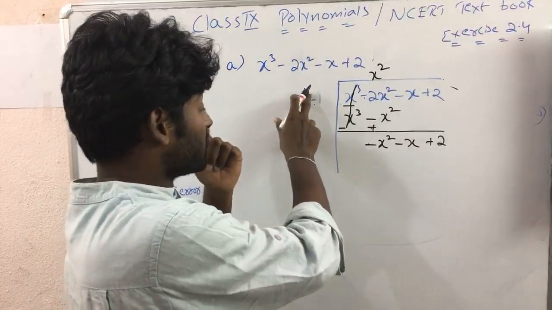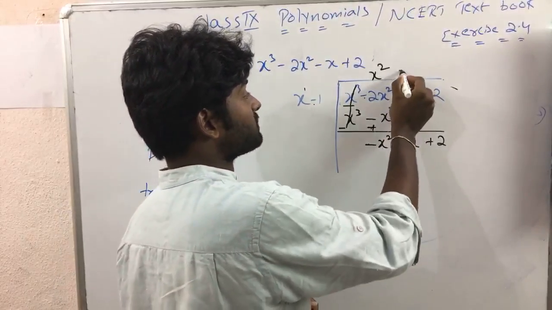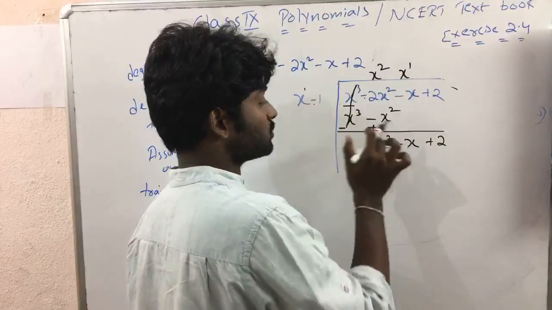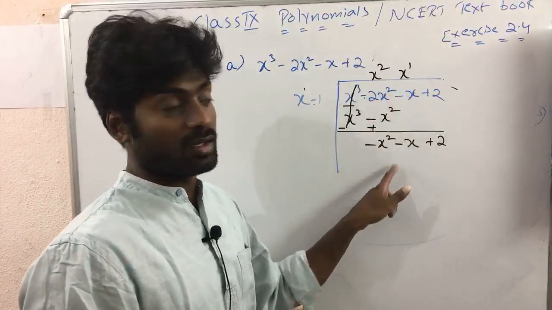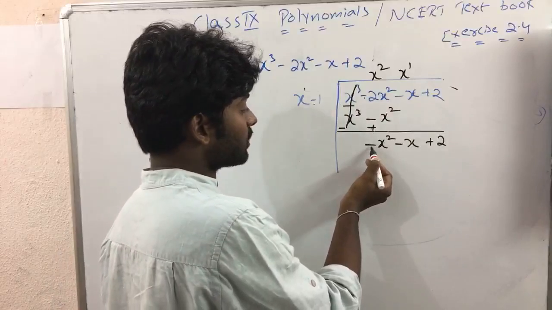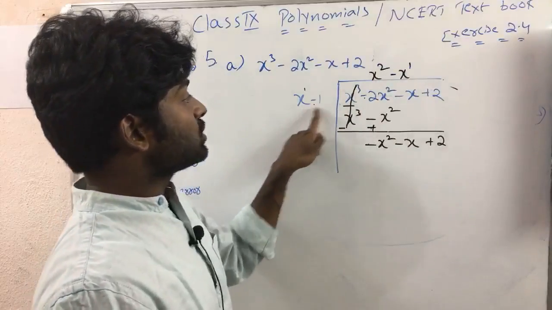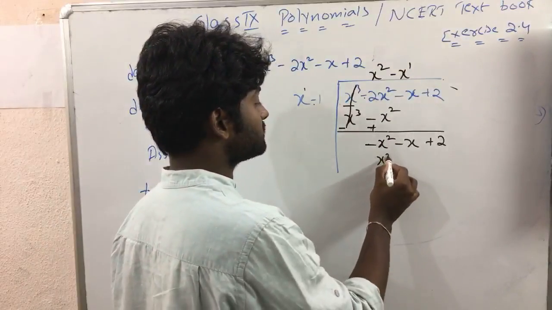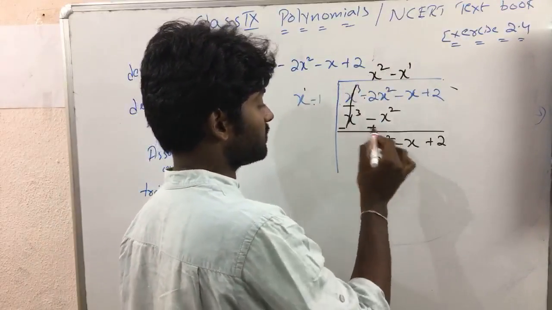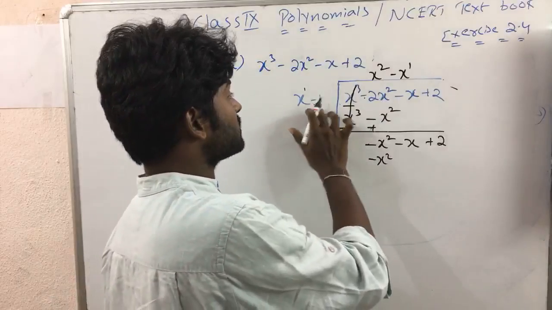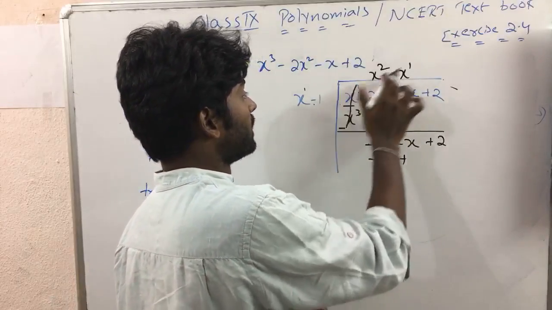Already we have x power 1. So on multiplying with x power 1, because 1 plus 1 equals 2, x into x will give x square. But here we have the coefficient minus 1, so we are multiplying with minus 1. So x into x gives x square, plus 1 into minus 1 gives minus. Now minus into minus plus 1 into x.